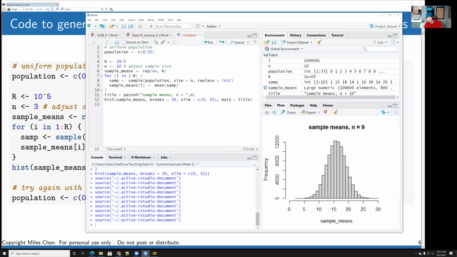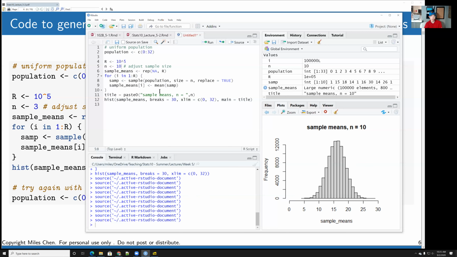Okay. So what we can see is that with 2, we start off with this triangular pyramid looking thing. And then as I increase my sample size, we can see it starts to look more and more like the normal distribution. And we can also see the spread decrease, okay?